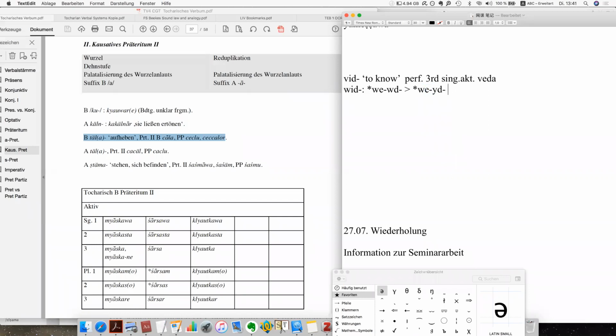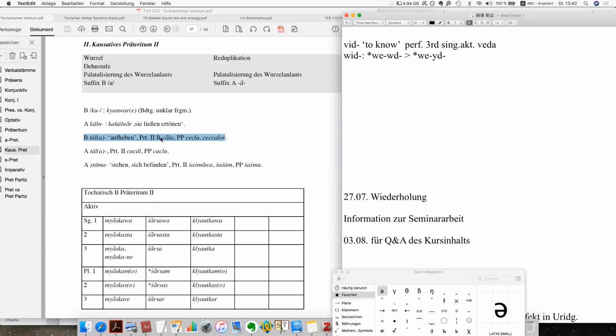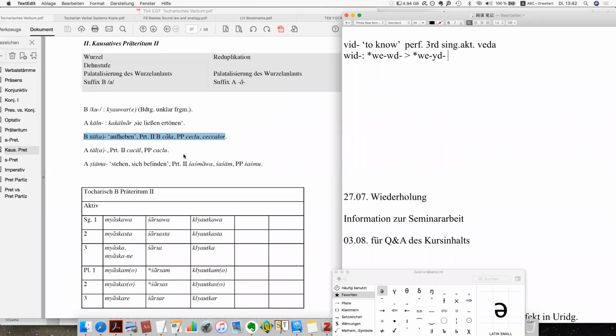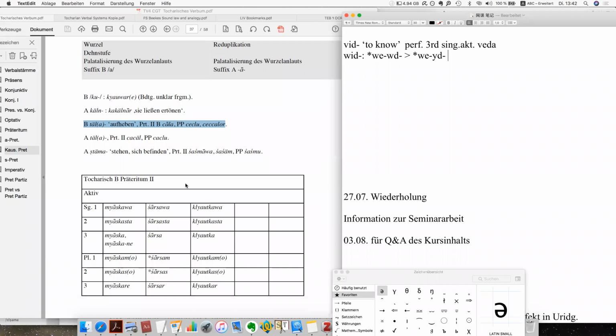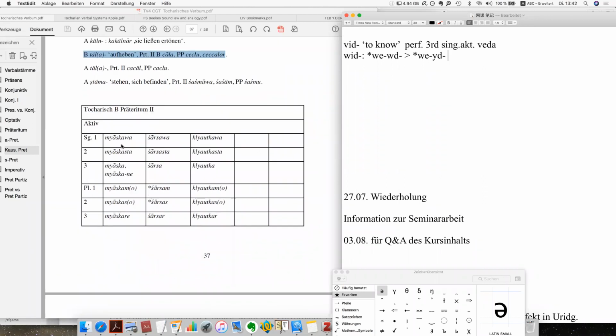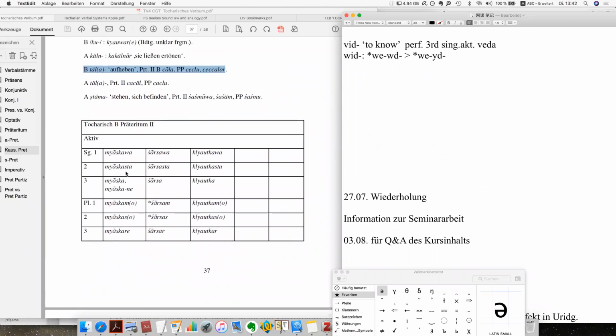Okay, but in this case, there's something to do with loss of reduplication. Okay, and then you find some example here.